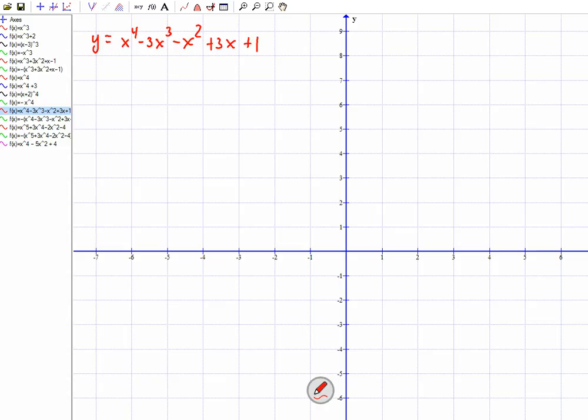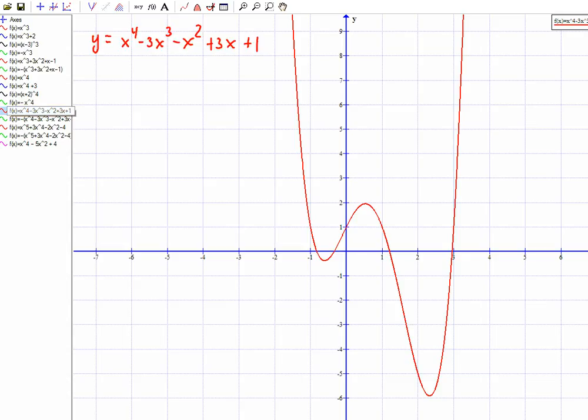All right, we know all that going in, and so the graph of this one looks like that. And again, you're just making a sketch in your notes, something similar to that. Sure enough, it does end up heading to positive infinity, and it does begin and end the same.